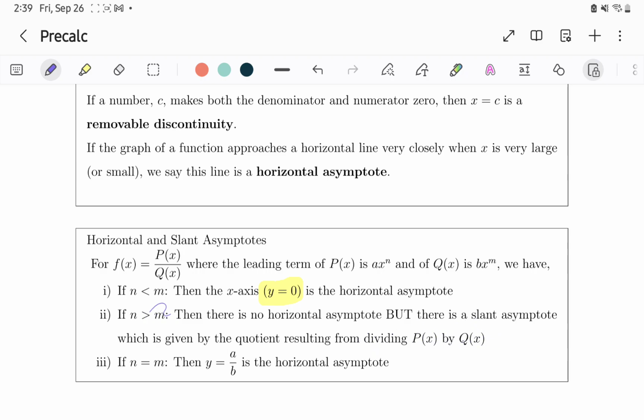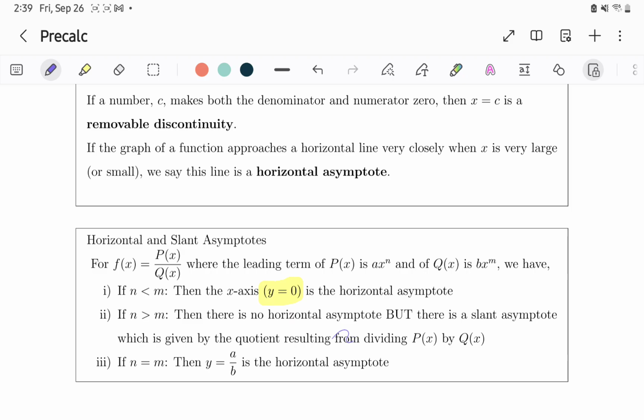In order to find it, we want to use either polynomial long division or synthetic division to figure out what the quotient from dividing p of x by q of x is going to be. And then what we get for the quotient is going to be some polynomial expression.